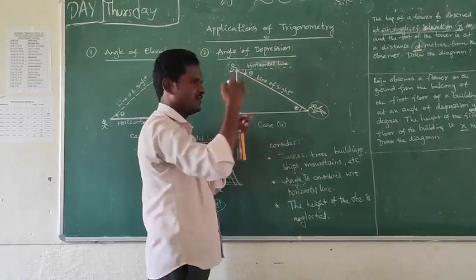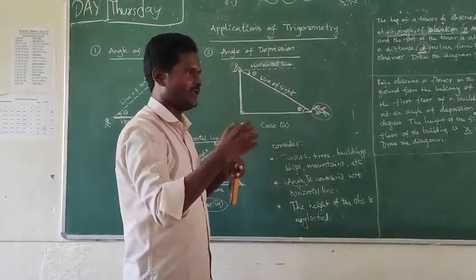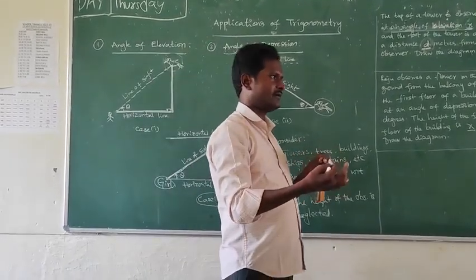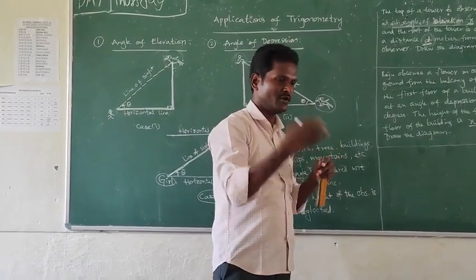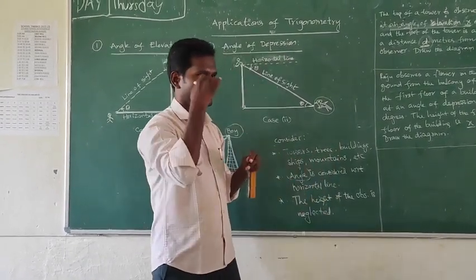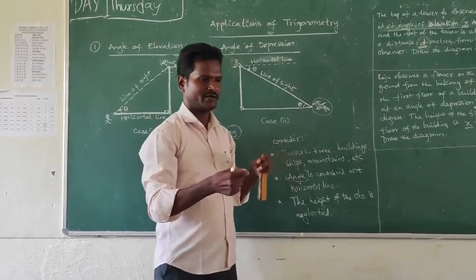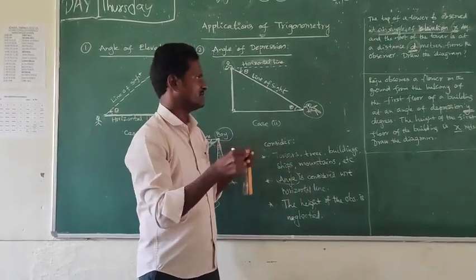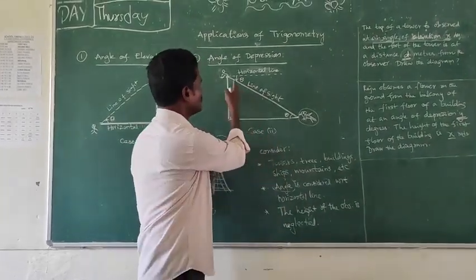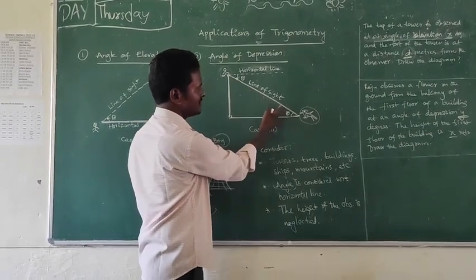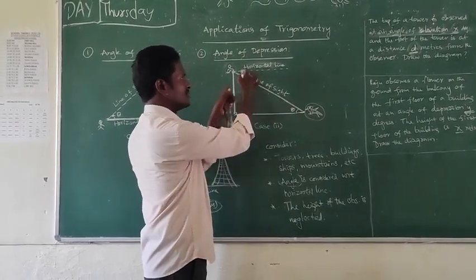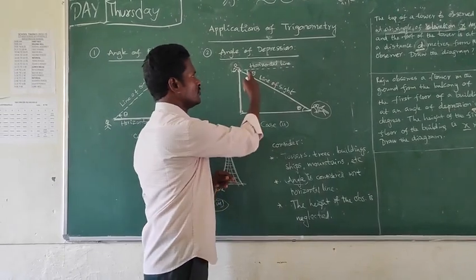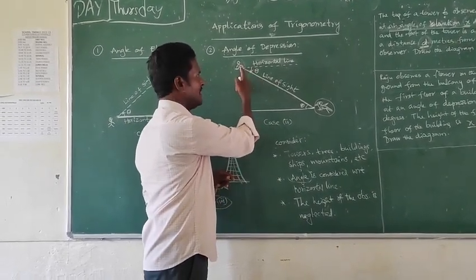Generally if you see an object which is below our eyesight, we lower our head to see the object. Like that, the line of sight must be like this. Here is also the horizontal line through the eye level.